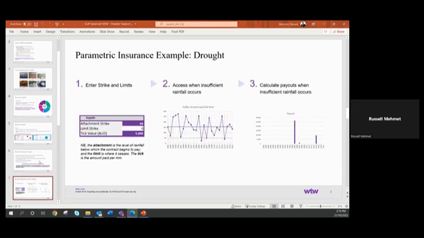Yeah, parametric insurance example, drought. So just talking along the lines that I was before, if you look at commencing the cover on the left box, 50 millimeters through to no rainfall at all, and $1,000 per millimeter where the rainfall is less than 50 millimeters. And it goes the same way if you could imagine exceeding a limit for the flood side of things. So in this case, less than 50 millimeters, you can see that 2005, 14 and 17, that's what this runs up to.